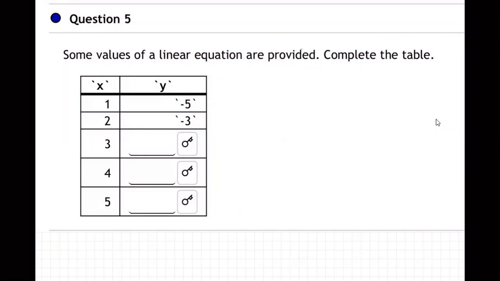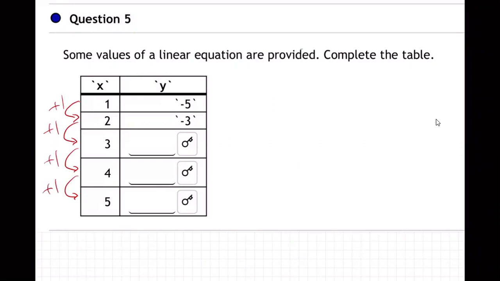Do you see how the x values are just going up by 1 every time? Adds 1, adds 1, adds 1, adds 1. Okay.